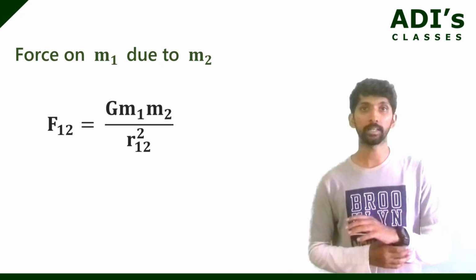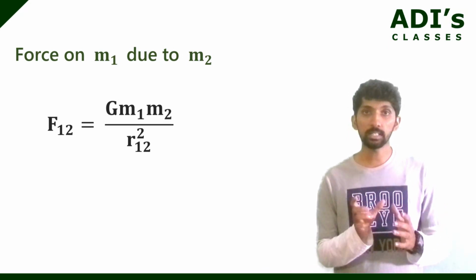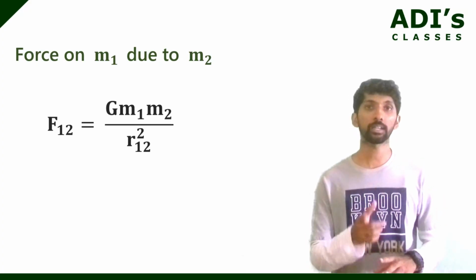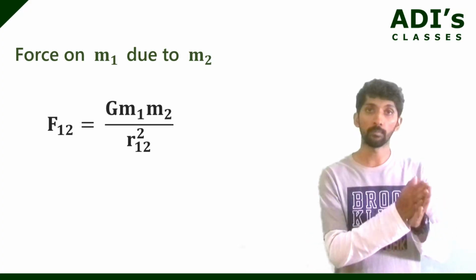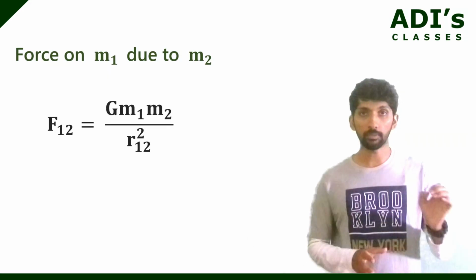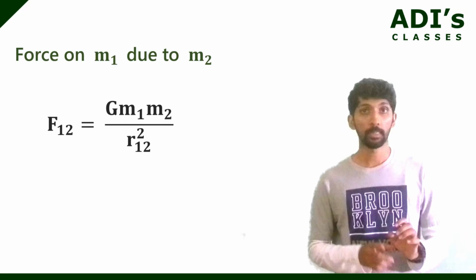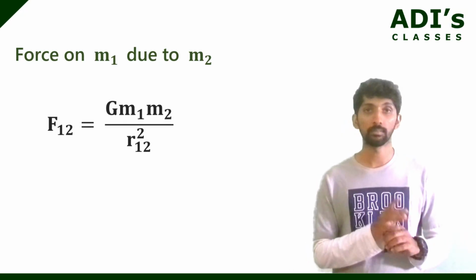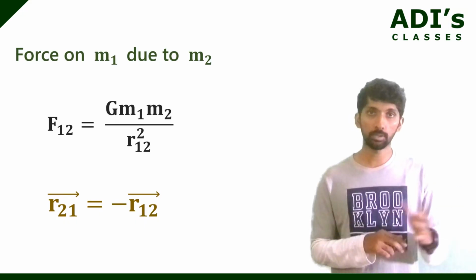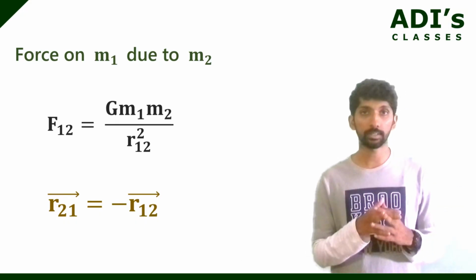Now if you look at it, the distance between the two centers is the same, but what is changing? The direction, correct? First is from m1 to m2, second is from m2 to m1. Now if you consider the vector form, r21 vector will be negative of r12 vector, or r12 vector is negative of r21 vector.